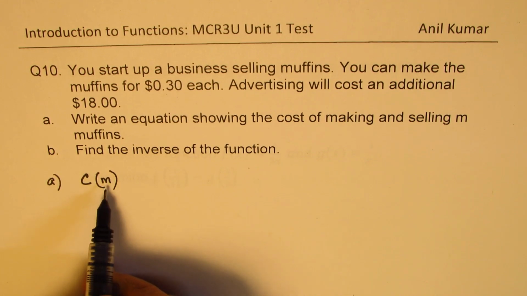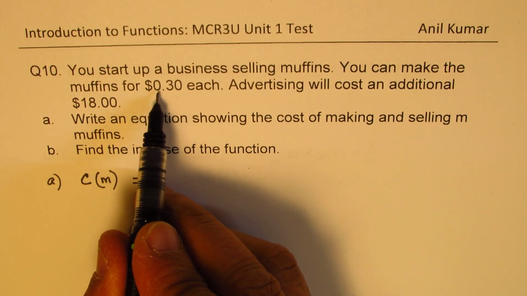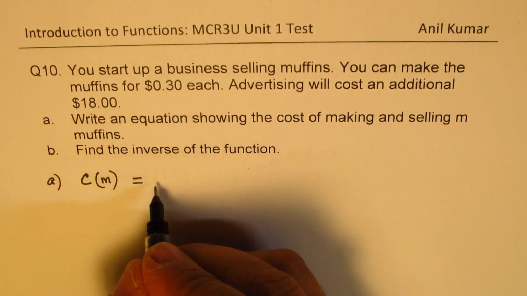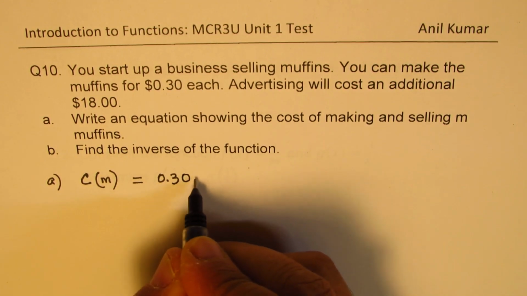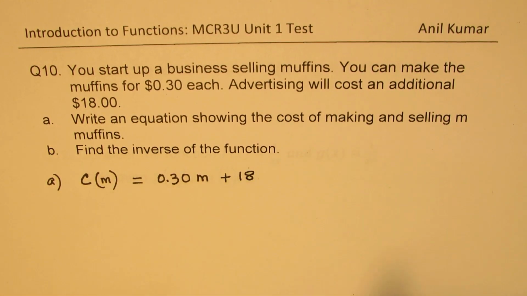So M becomes your independent variable, and this is your recurring cost, 0.30 times M, plus the fixed cost of 18. Is that clear to you? So that is how you can write down your equation.